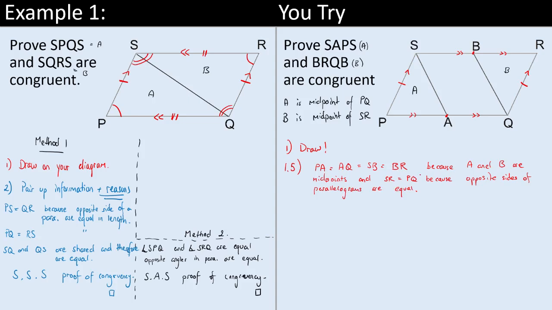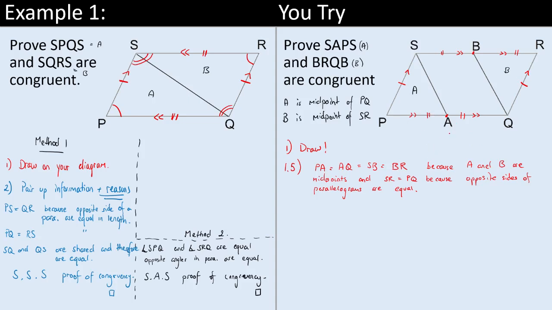Okay, so we said that all of these parts are going to be equal to one another. I'm going to add that to my diagram. And I know that they are all parallel as well. Fair enough.